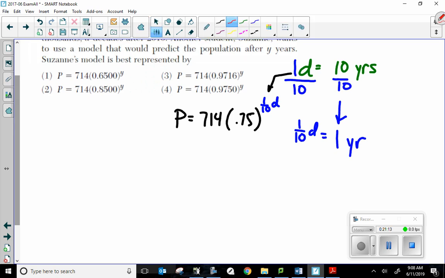So what I've got to do is take my 1/10 and apply it to my base, because I just want my exponent. I just want something like this, and instead of a d, she's going to change that to y, because it's in years now. So I can really find out the base, the rate, whatever, when I apply that 1/10 per year.